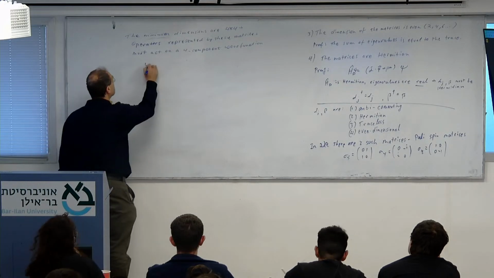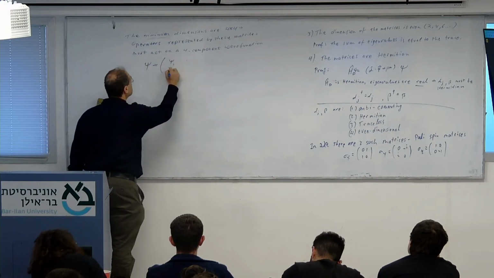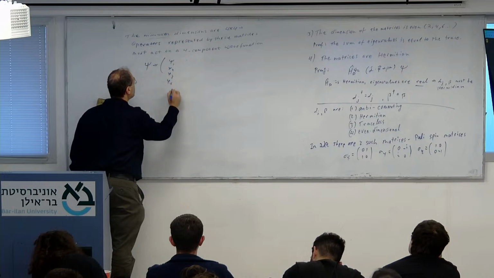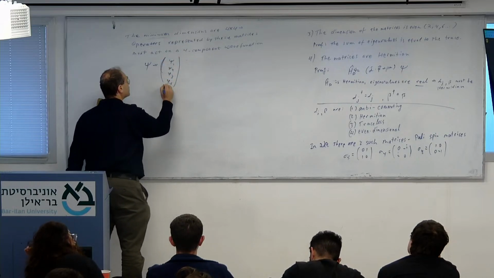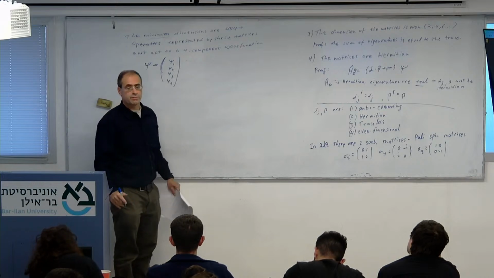Right. Psi is equal to psi 1, psi 2, psi 3, and psi 4. This has a name. This is called the Dirac spinor.